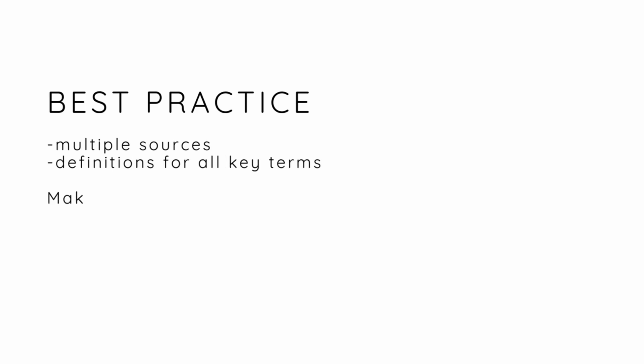Another thing you want to do is to have a variety of sources in each section. You should avoid having a paragraph dedicated to an author or only having one citation in a whole paragraph. Each paragraph in your literature review should have multiple sources.